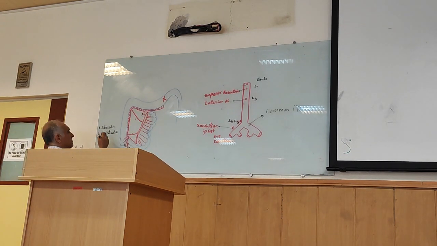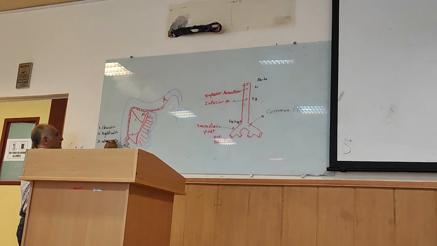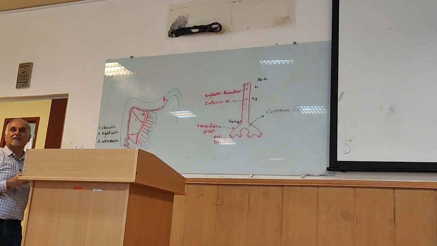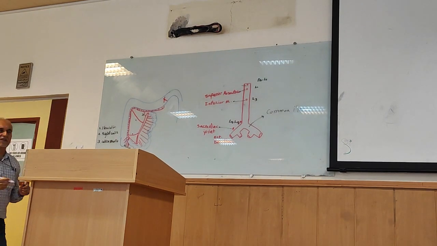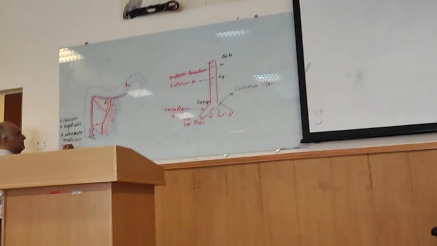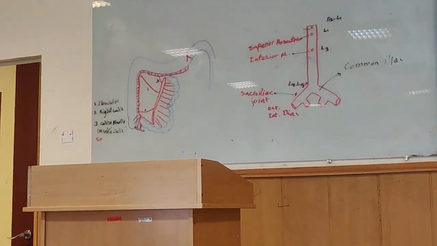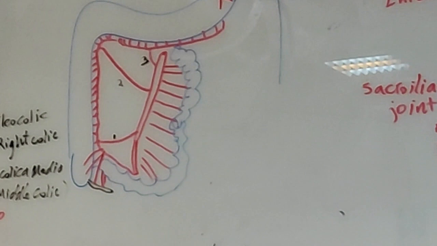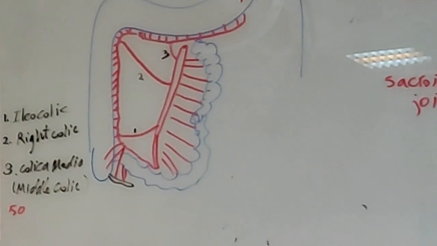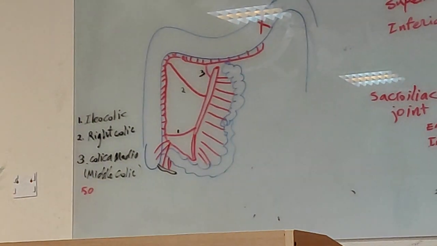This one is called colica media, or middle colic. Maybe you have heard the name of this middle colic. Yes? So the middle colic from the superior mesenteric reaches the transverse colon and supplies all the right two-thirds of this.